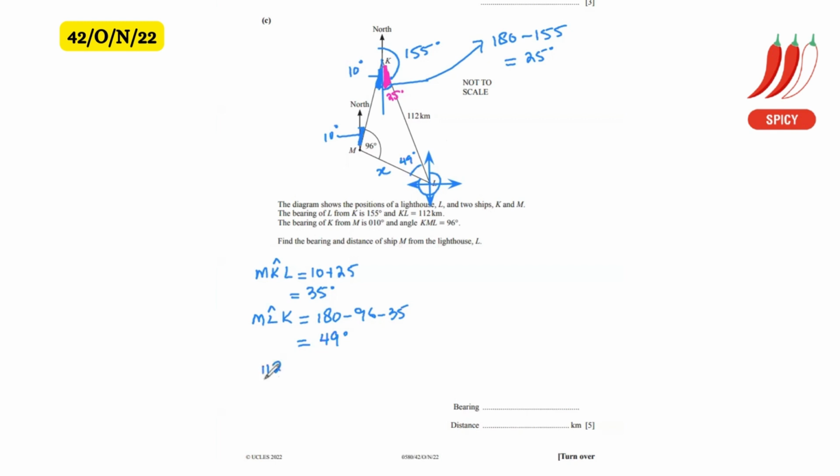So that's going to be 112 over sine of 96 equals X over sine of 35. So cross multiply, 112 times sine 35 over sine 96. And that's going to give us 64.59 kilometers. That is the distance between ship M and the lighthouse.